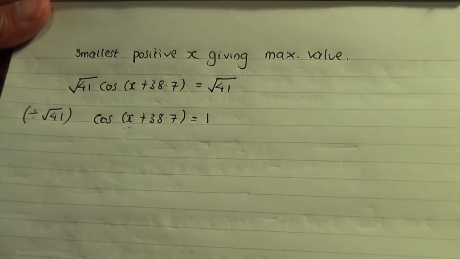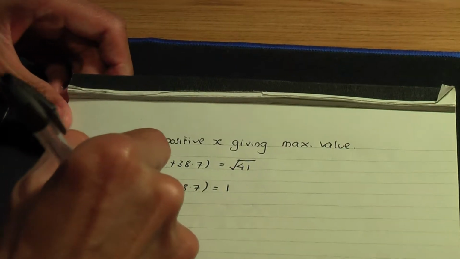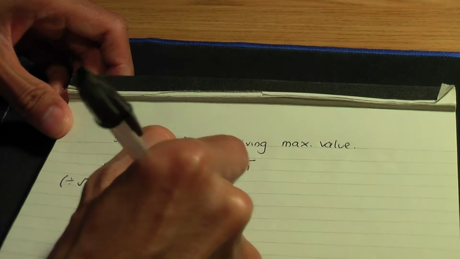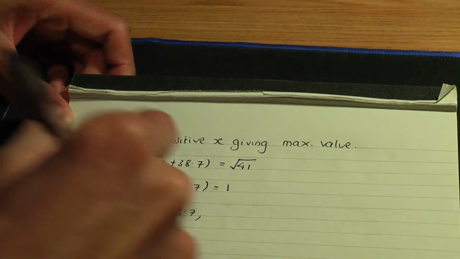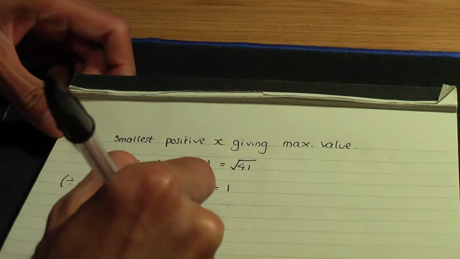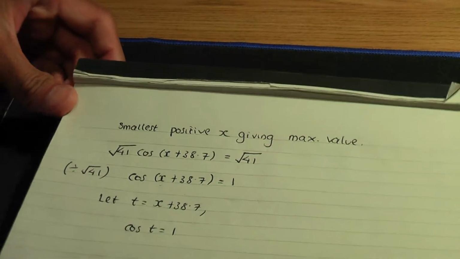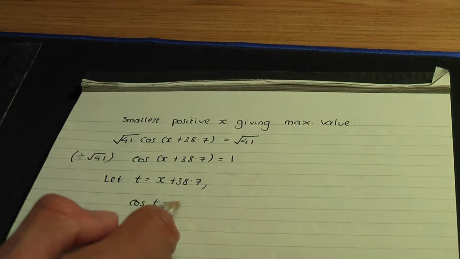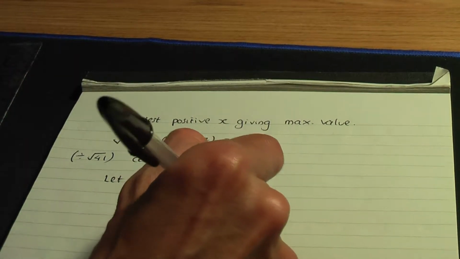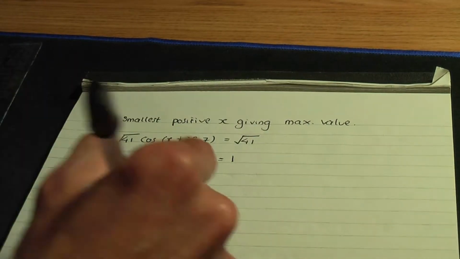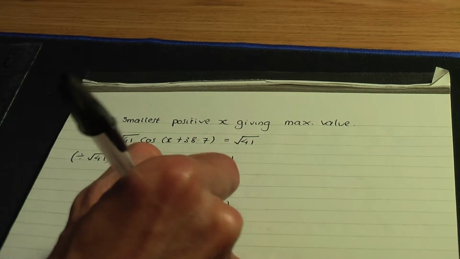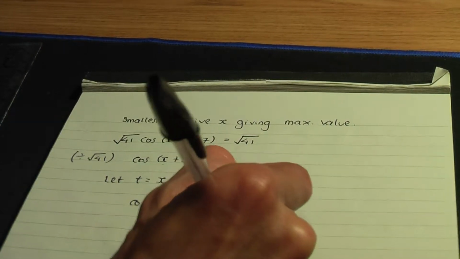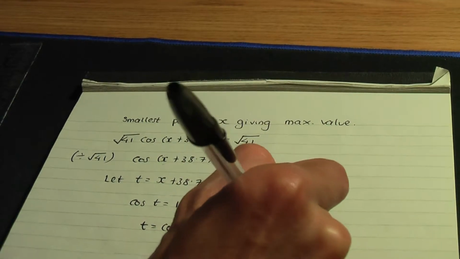If I let t equal x plus 38.7, we're going to be solving cos t equals 1. The one on the right hand side is positive, and if I calculate the principal value, inverse cos of 1, that's a standard result, that's 0.